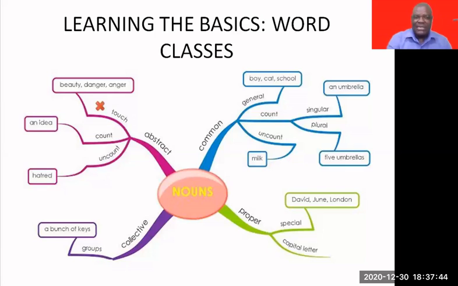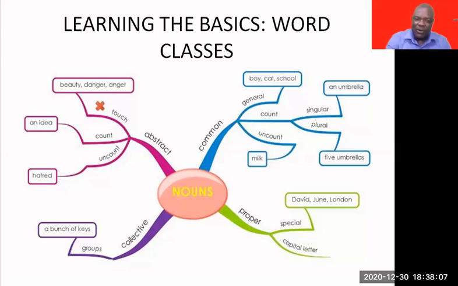But you cannot count hatred. You can't talk of a hatred or hatreds. All right? So that is about the abstract nouns. Then we have other types of nouns that are collective, groups.